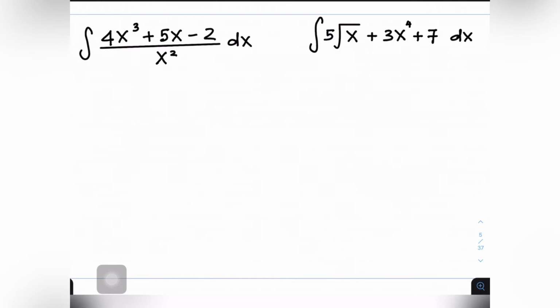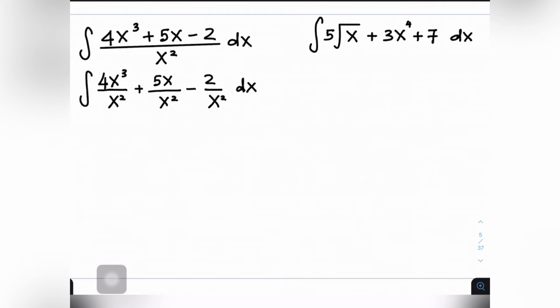So you can transform this integration into 4x to the power of 3 divided by x squared, plus the second term 5x divided by x squared, minus the third term 2 divided by x squared, with respect to x.